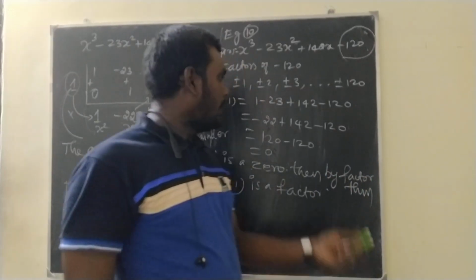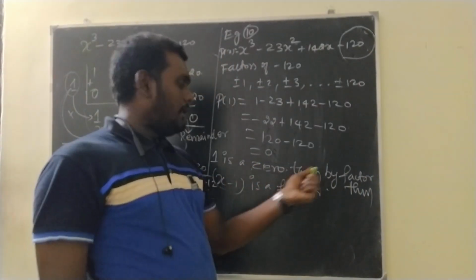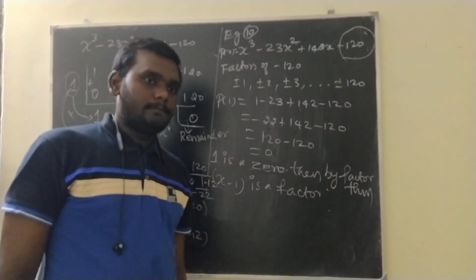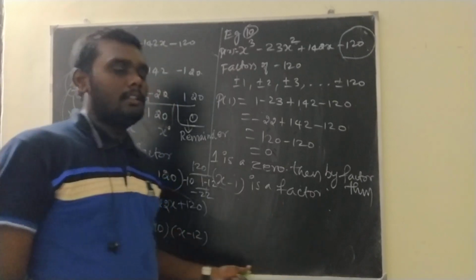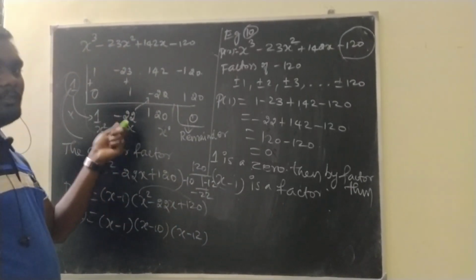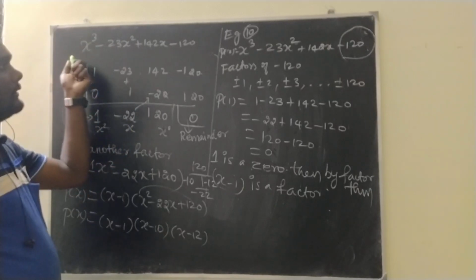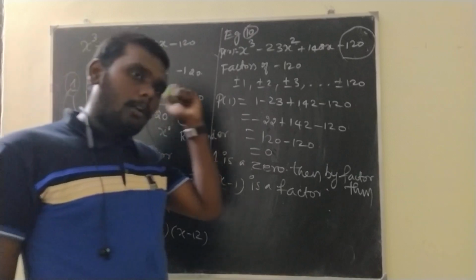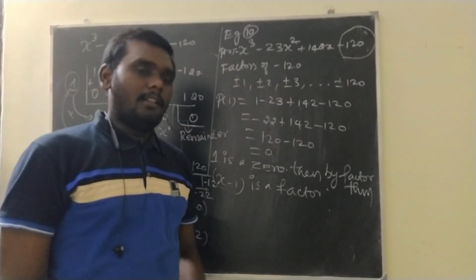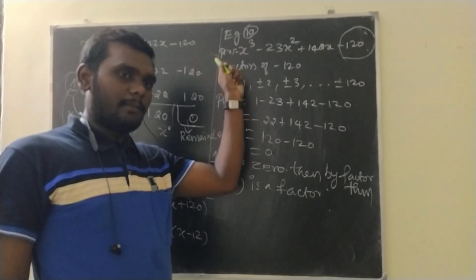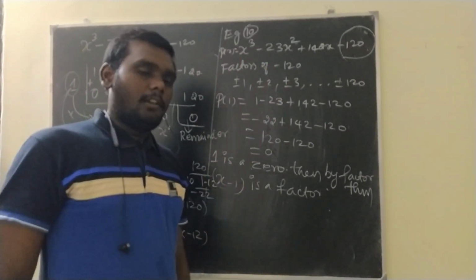After getting a 0, by factor theorem we have x minus that number as a factor. Then we do the synthetic division. Before that, we should make sure the given polynomial has all the powers of x: x cube, x square, x, and constant are all present.